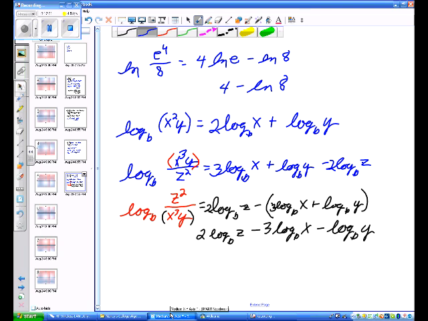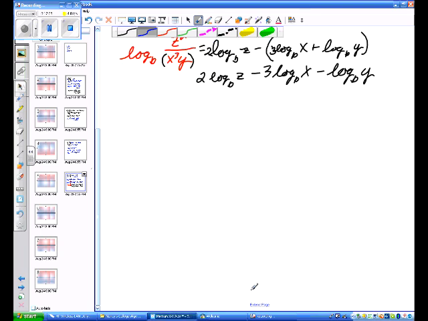Okay, let's look at one that looks pretty involved. Let's say that we have the natural log of x to the fourth times the square root of x squared plus 3 over x plus 3 to the fifth.